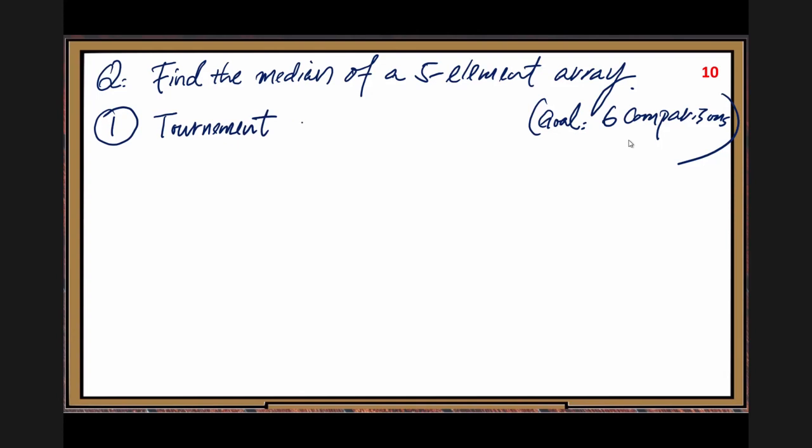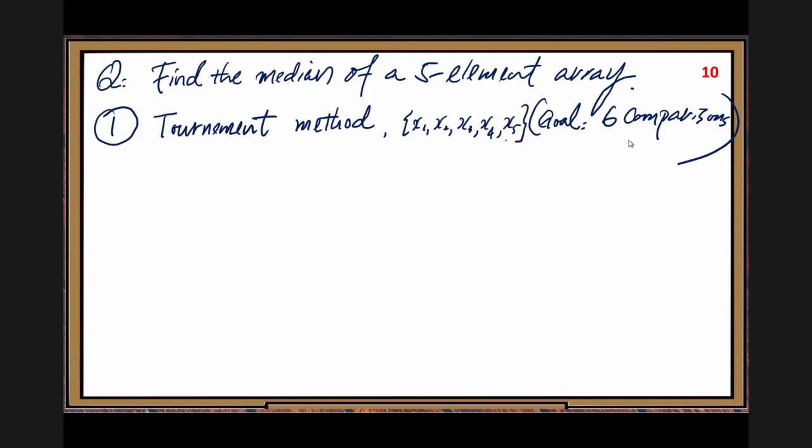Here we consider our array with 5 elements: x1, x2, x3, x4, x5.